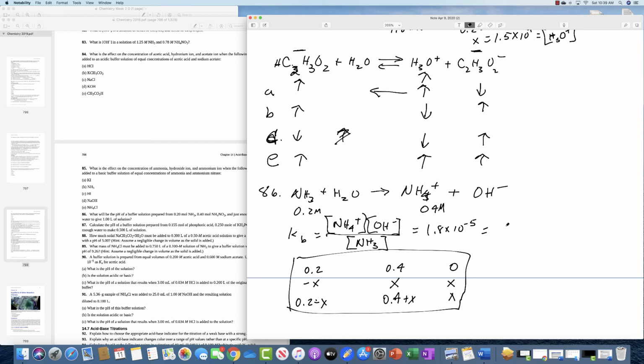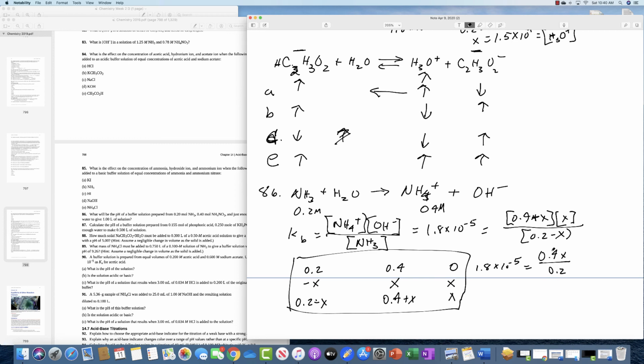So first of all, on the top we have 0.4 plus x times x divided by 0.2 minus x. And again, we can make the assumption that neither of these is going to be big enough to change this. So 1.8 times 10 to the minus 5 is equal to 0.4x divided by 0.2.